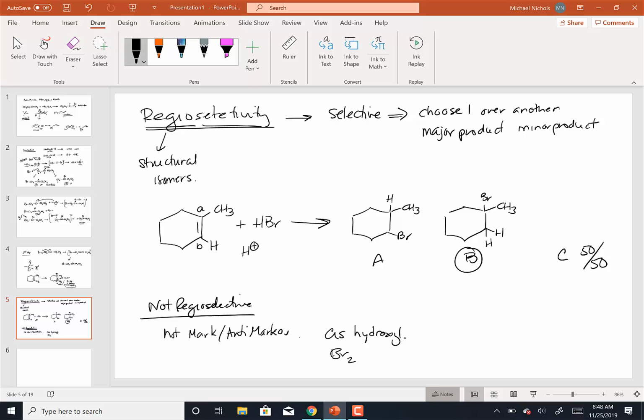The KMnO4 with base, which was a cis-hydroxylation, was not. The other KMnO4 cleaved, it's not a choice. Yes, it wasn't Markovnikov or anti-Markovnikov, but cleavage isn't going to be regioselective. What else?